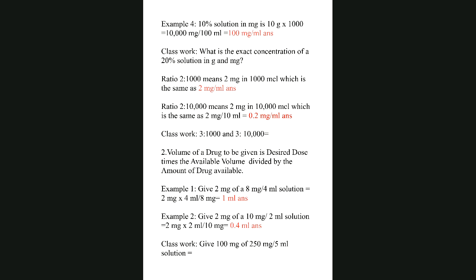And when you go in the other direction, you divide. So a 10% solution is the same as 10 grams in 100 mils. But to convert the 10 grams to milligrams, we multiply by 1,000. That would give you 10,000 milligrams in 100 mils. What would be the exact concentration? That's 10,000 milligrams divided by 100 mils, which would give you 100 milligrams per mil. That's the answer.